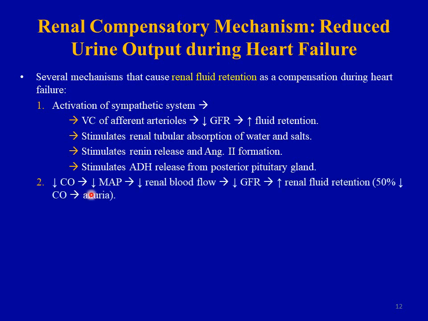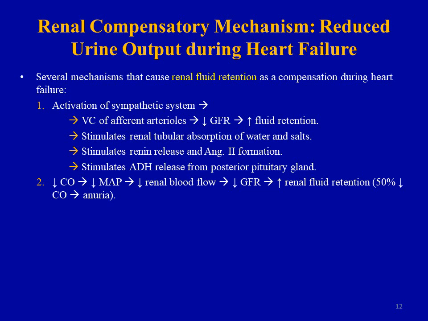Decrease in cardiac output will decrease the mean arterial pressure and will reduce the renal blood flow. Reduction in renal blood flow will reduce the GFR, and again this will lead to increased renal fluid retention. For example, a 50% reduction in cardiac output can lead to anuria, a formation of very small volume of urine.